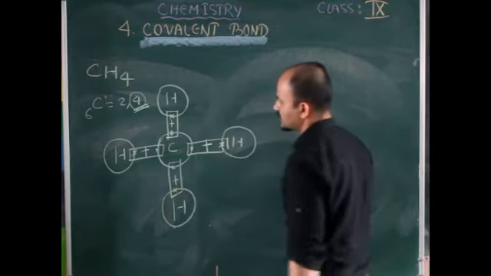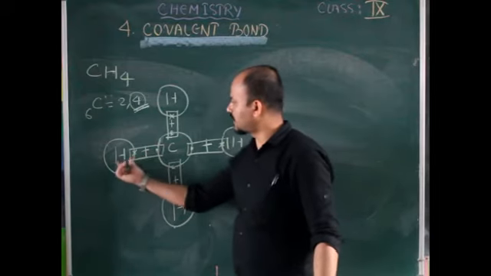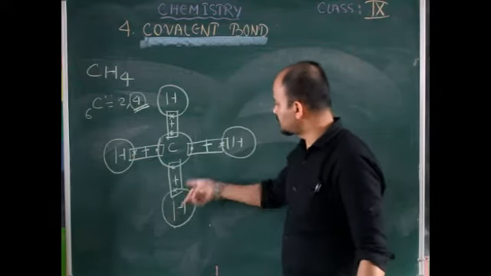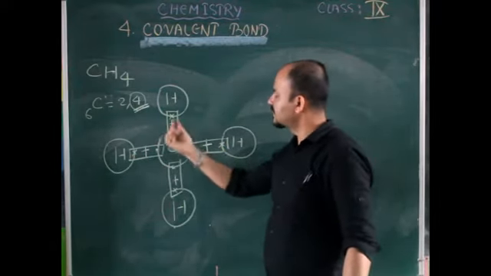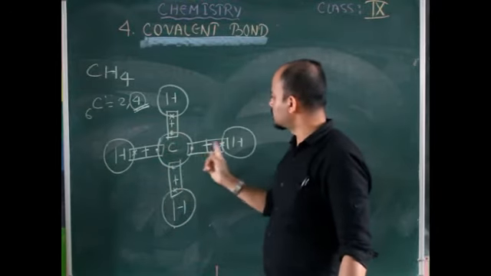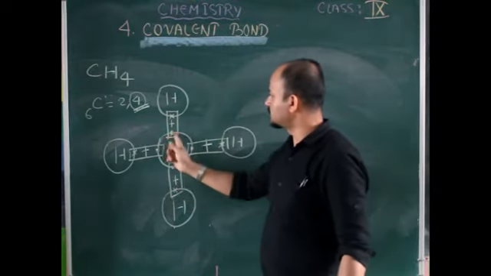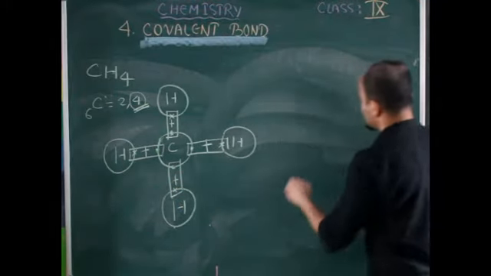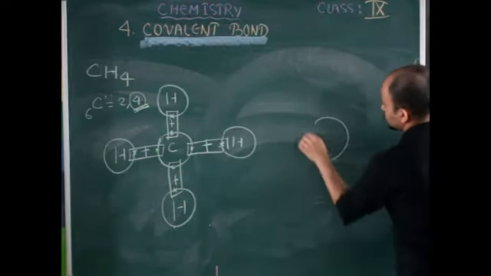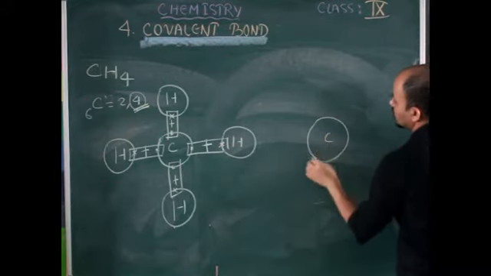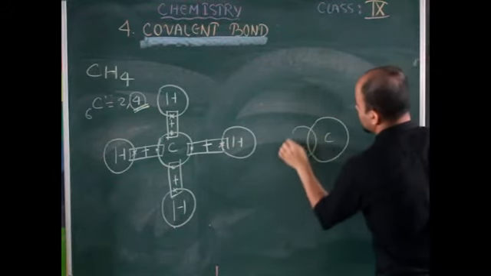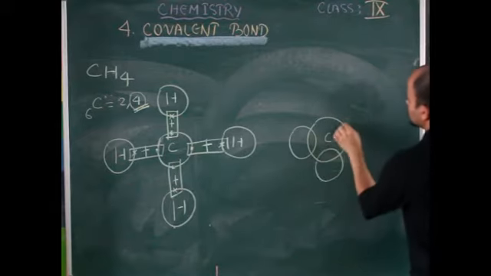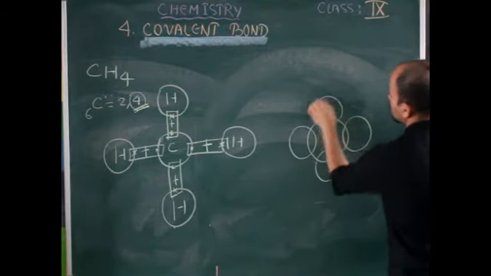Once these electrons are shared, the duplet of each hydrogen is complete, you can see that. And for carbon, its octet is complete. You can count it: 1, 2, 3, 4, 5, 6, 7, 8. Okay? Therefore, we have carbon, and here we have 4 hydrogens.